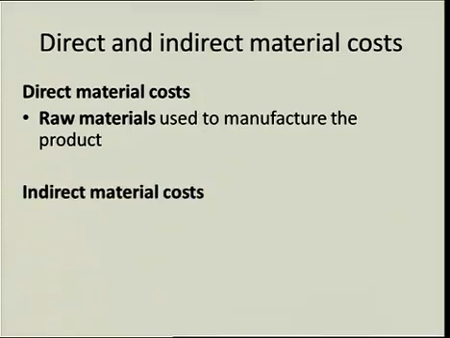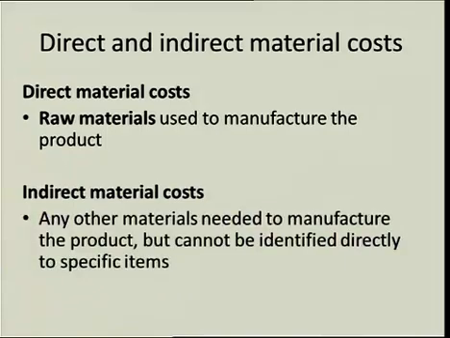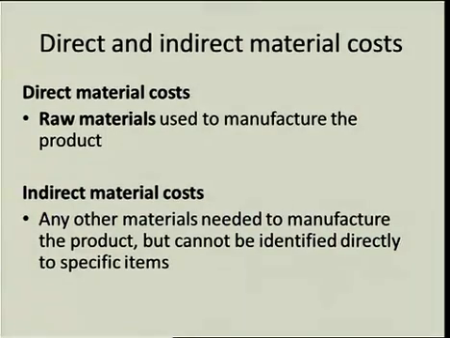And then there's the indirect material costs. These are any other materials needed to manufacture the product, but cannot be identified directly to specific items. In other words, with the nails, you might not be able to quantify how many nails he uses in each table. The varnish he uses to varnish his tables, you won't be able to quantify.